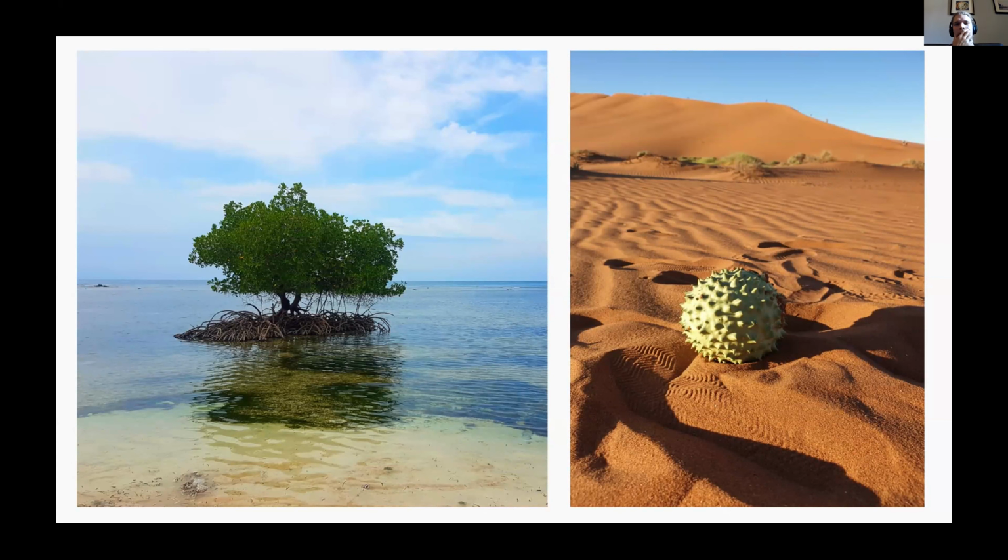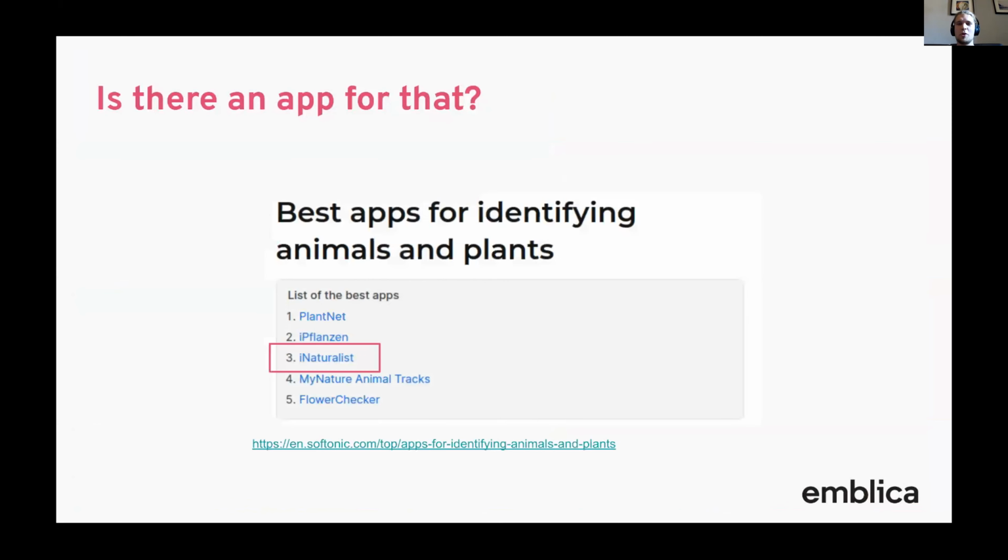And going forward, the first question you need to ask is, is there already an application for that? After a short Googling, I found that from those 5 that came up, the middle one, iNaturalist, promises to identify also animals and not just plants. So let's look into that.